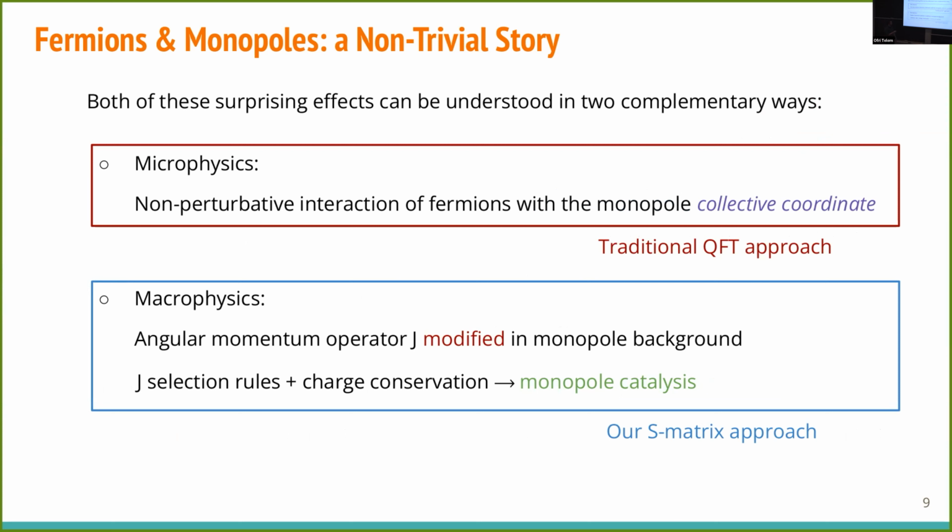Essentially, the angular momentum operator J is modified in a monopole background, and the reason for it is the long-range electromagnetic interaction between a charge and a monopole, and I'll explain more. Once you take into account the modification of J, the modified selection rules plus charge conservation could pinpoint exactly monopole catalysis and the fact that it saturates the S-wave unitarity bound.